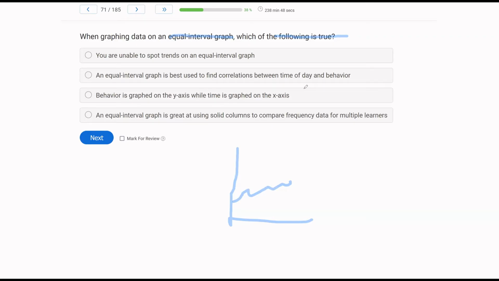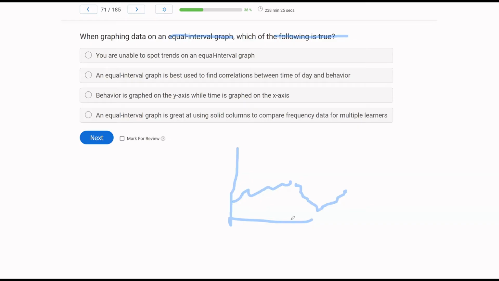Let's look at the three that are false. A, you're unable to spot trends on an equal interval graph. Well, this type of graph is great for spotting trends. This might be slightly upward, and then we can see when it moves down, back up. B, an equal interval graph is best used to find correlations between time of day and behavior.